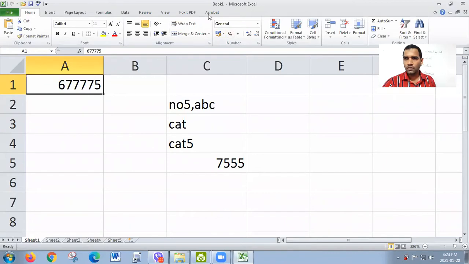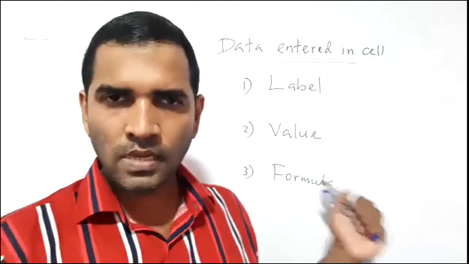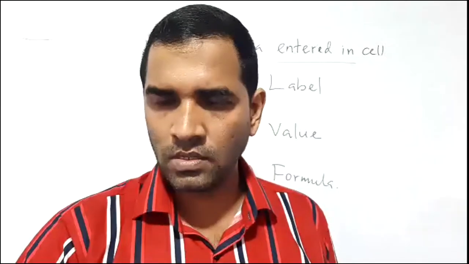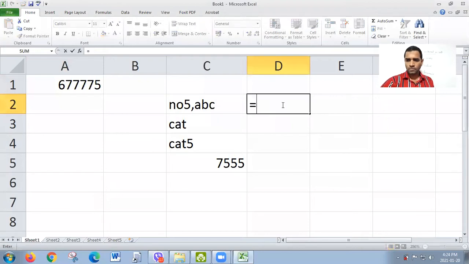Okay. Finally, we have another data which can be entered in a cell, formula. You know what formula is because you have some idea in the grade 10. So now look here. I selected this D2 and typed equal 50 minus 45. In D2, we don't have any label.